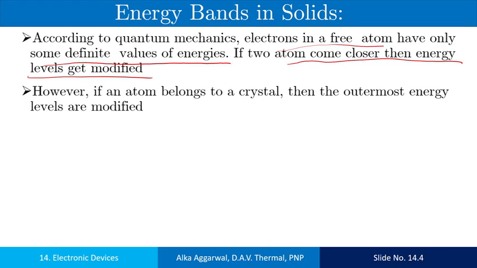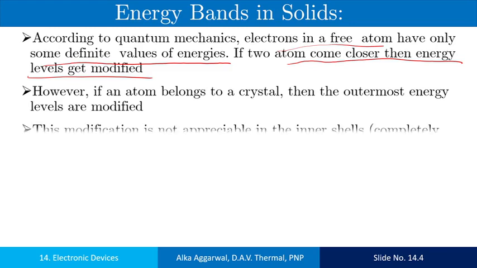Hence, a large number of energy levels are created after the splitting due to the interaction between the various atoms. These new energy levels are discrete but are so close to each other that they appear as a continuous energy variation. This set of closely spaced energy levels is called energy bands.